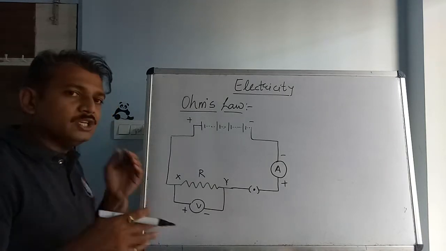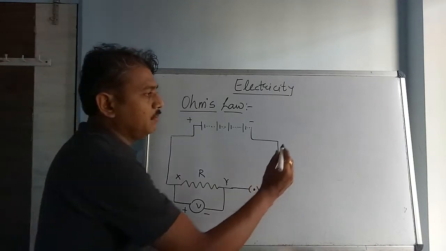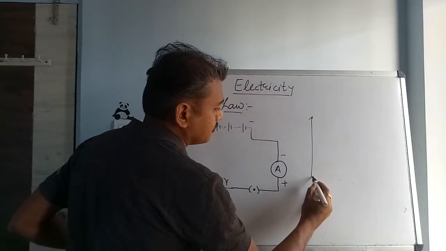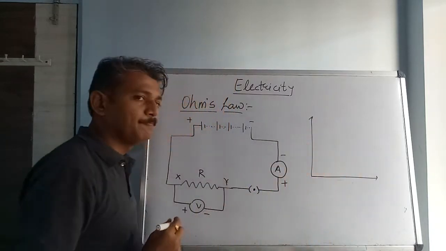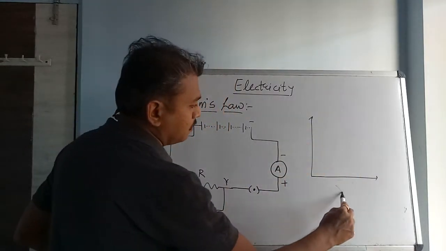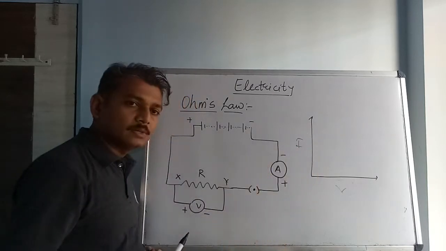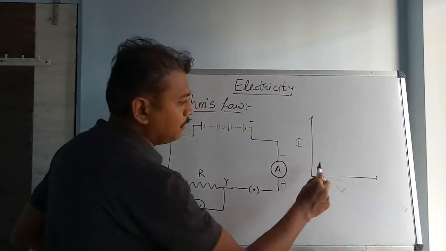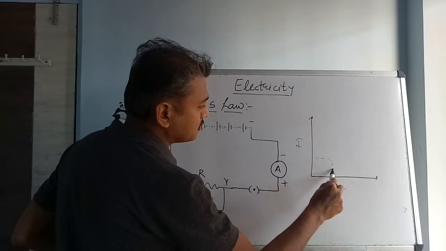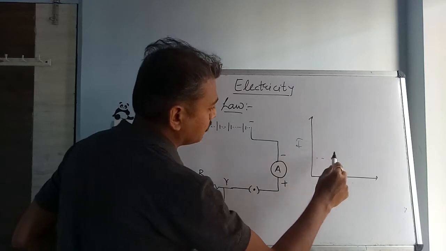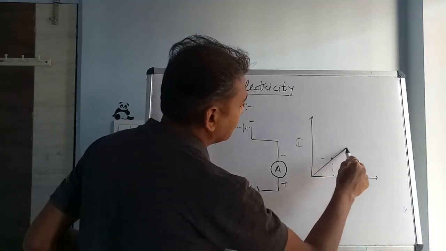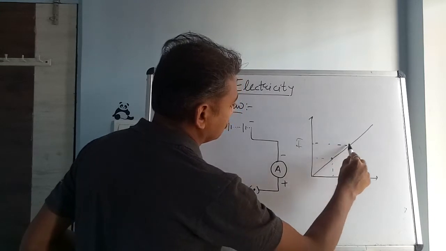After getting these 4 readings, I will make a graph of potential difference across current. When I plot these points in this way, I will get a straight line.